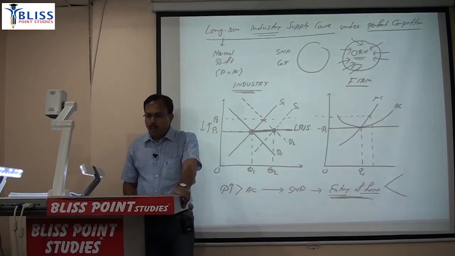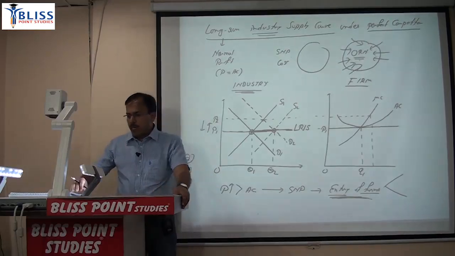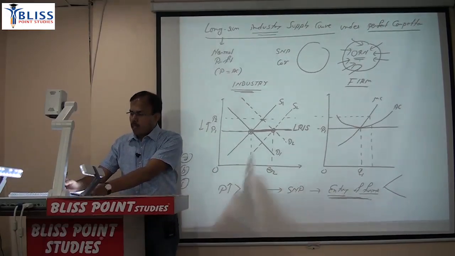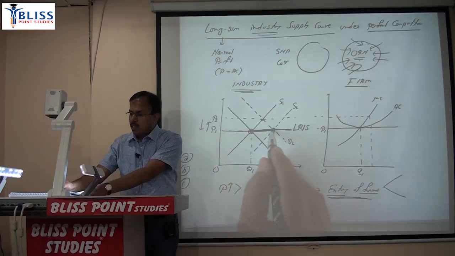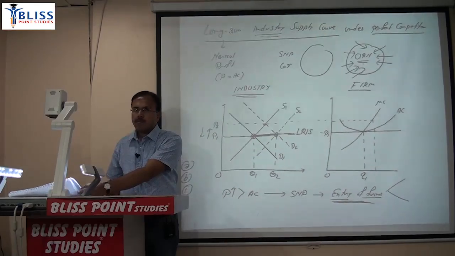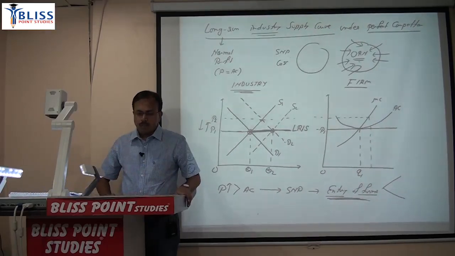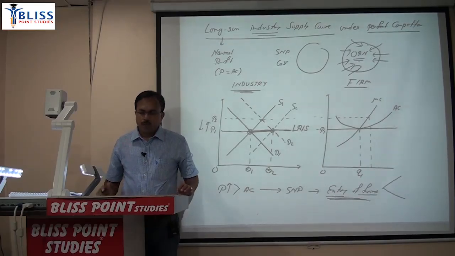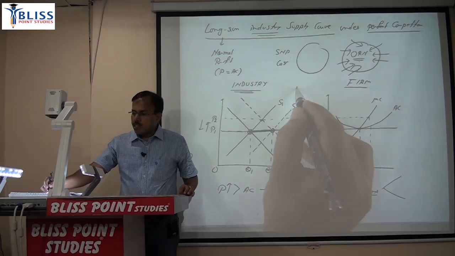Therefore, the long run industry supply curve is a horizontal line. So this was for the constant cost industry.